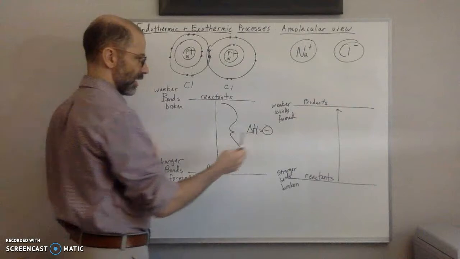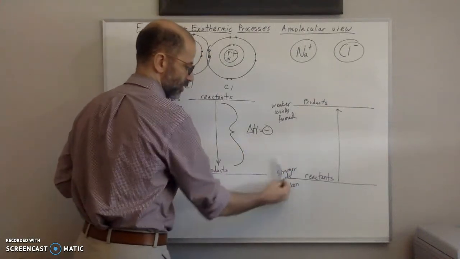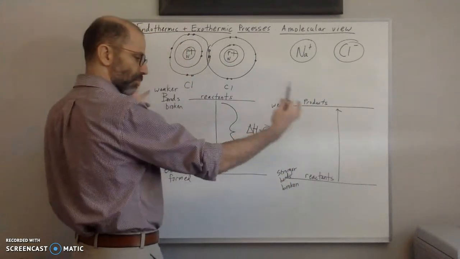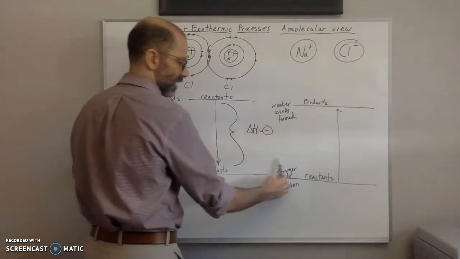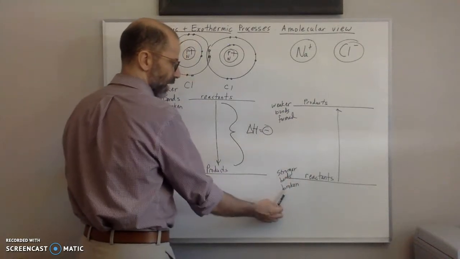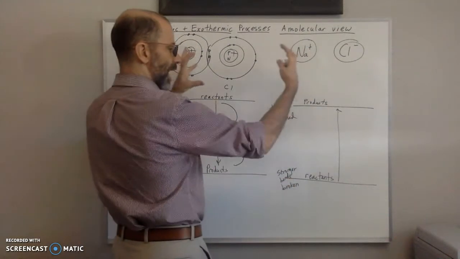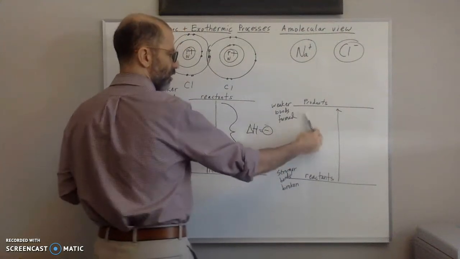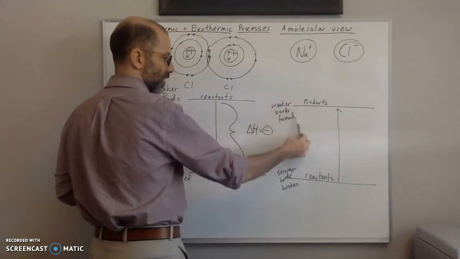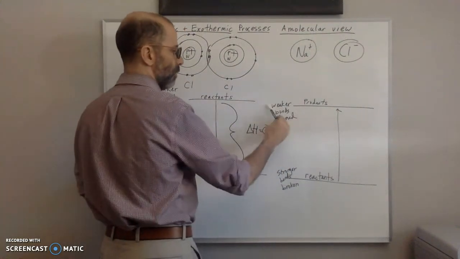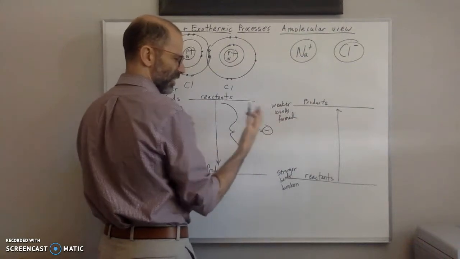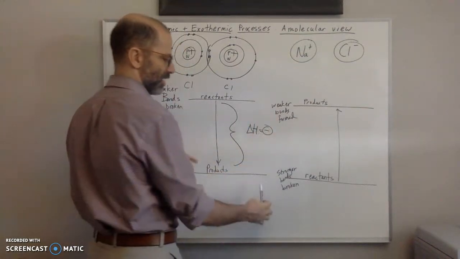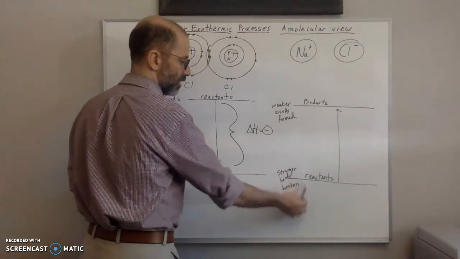And so in this case, when you break the bonds, you're putting energy in to separate the atoms. So it's going to take a lot of energy to do that for stronger bonds. And then when you put the atoms back together, or the molecules back together, then you're going to form bonds again, and that's going to release energy. But if they're weaker bonds, you're not going to release as much energy as the energy it took to break the bonds.